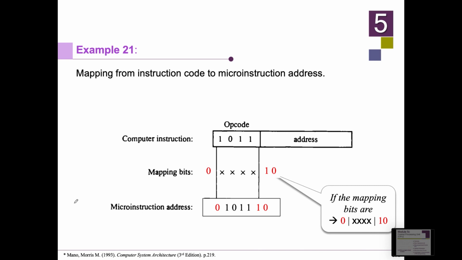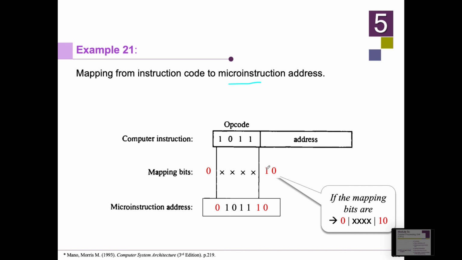We have another example, which is mapping from instruction code to micro instruction address. Let's say you were given the mapping bits for the computer instructions, which are 0.